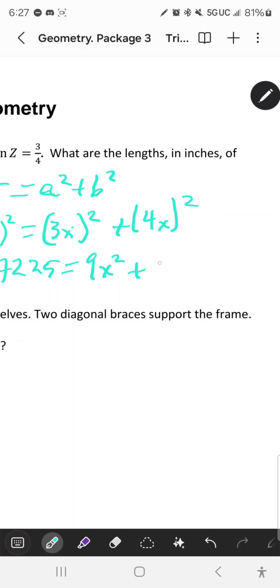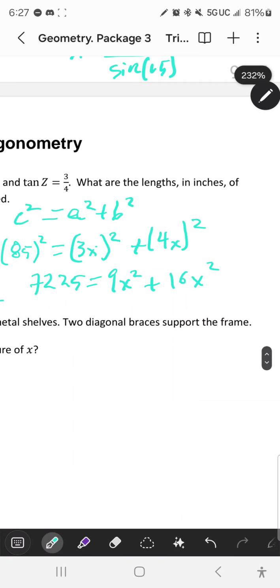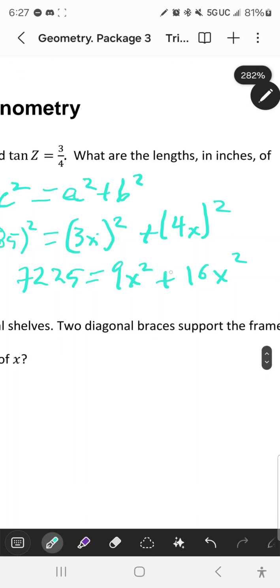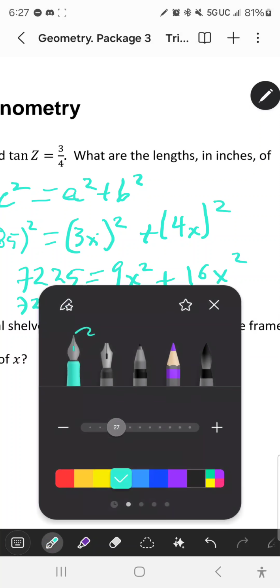So 4 times 4 is 16, x times x is just x squared. Now I'm going to add these two together because they both have the x squared. So 7,225 equals 9 plus 16 is 25, so 25x squared.